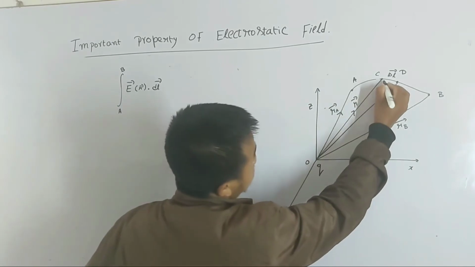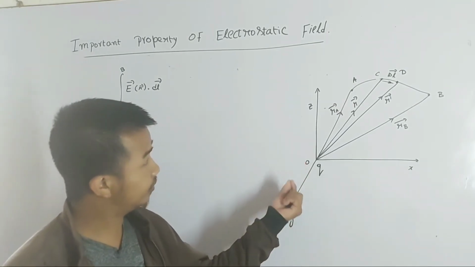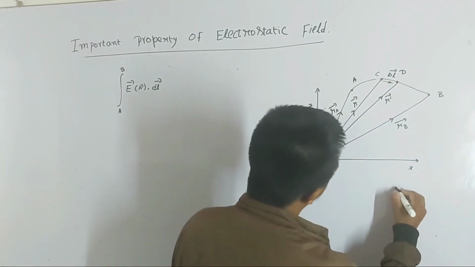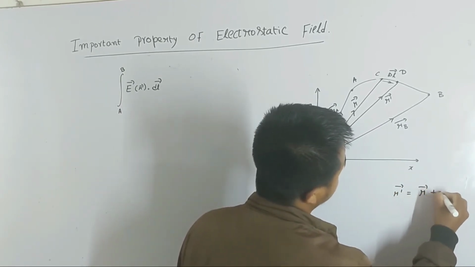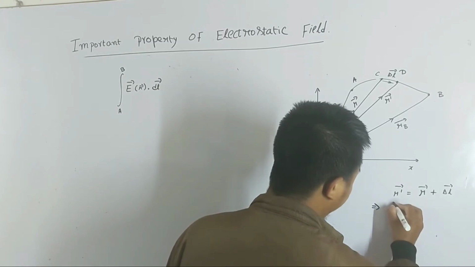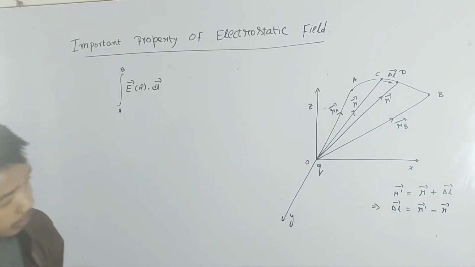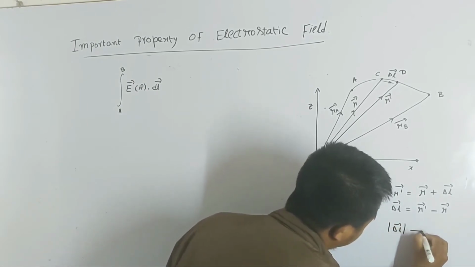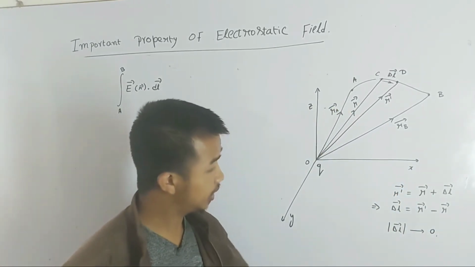Now the vector from C to D is delta L. If we apply the triangle law of vector addition in triangle OCD, we get R dash equal to R plus delta L, or delta L is R dash minus R. Remember that the magnitude of delta L is very, very small, tending to 0.